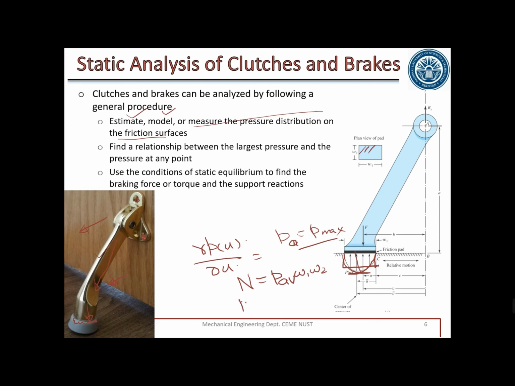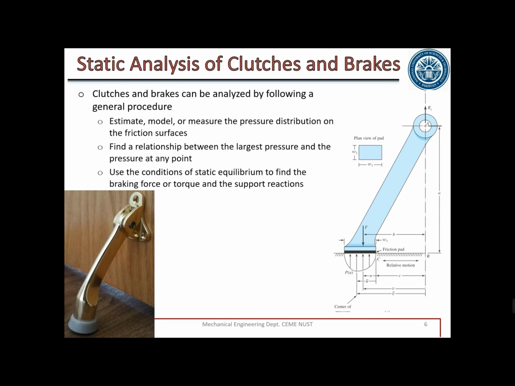So at any point you will have a pressure P average, and P average will also be equal to P max, which will also be equal to P min, because there is not a single point which has a different pressure distribution. So if we assume this problem as a uniform pressure distribution, we can use this equation for solving the problem. We don't need to go into this detail. That's what we will do in this topic.